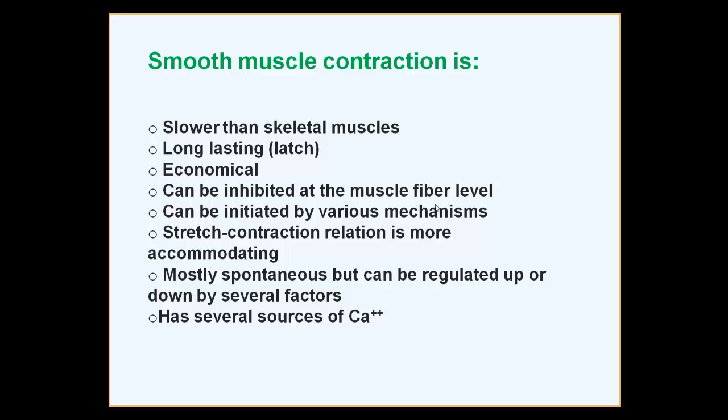And then we have the leak channels that calcium can come in, that causes spontaneous depolarization, or not depolarization, but spontaneous contraction of the muscle cell. Then we also have the stretch mechanism. If you stretch a smooth muscle, then you can indeed cause the contraction.